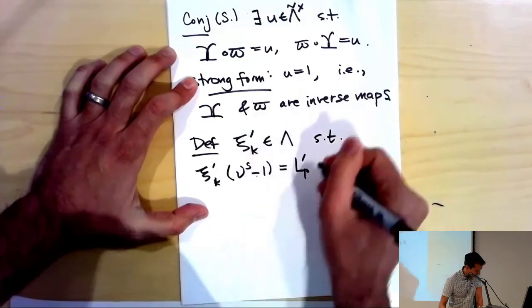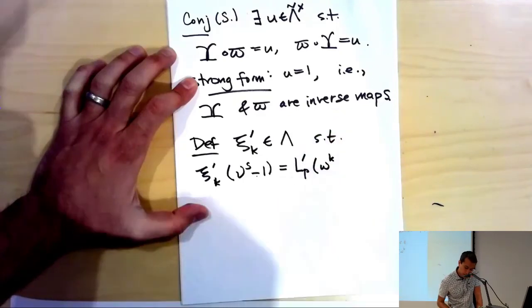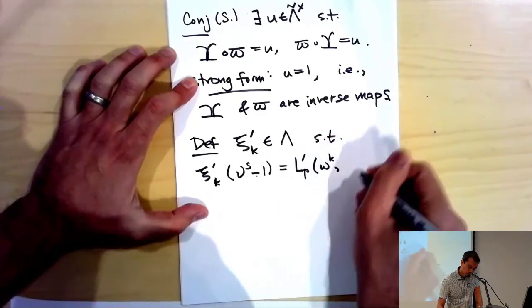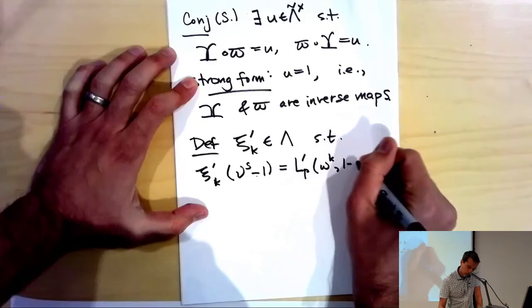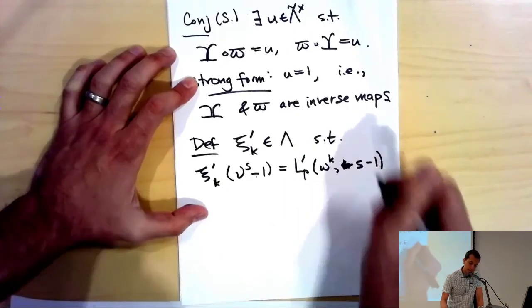There should be a constant, but I'm just going to ignore it because it doesn't make any difference for the theorem. The derivative of the p-adic L function for omega to the k at s minus 1. Right? It's exactly the derivative.